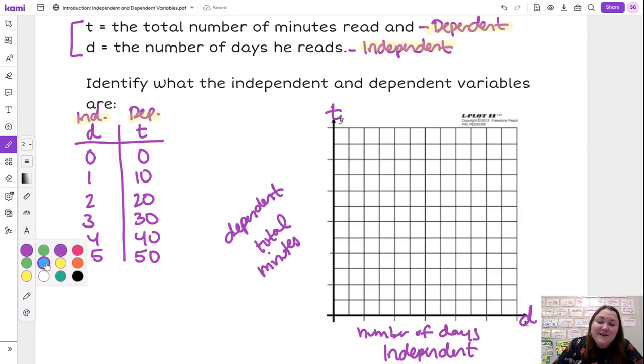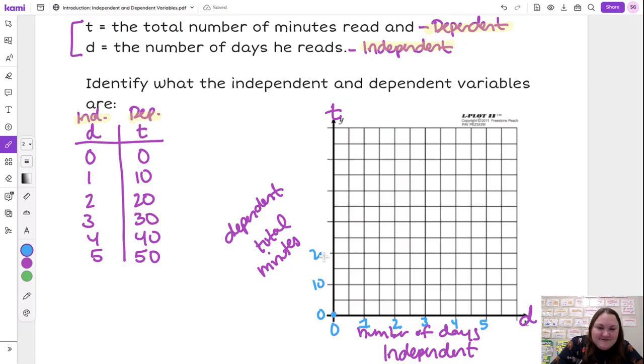So the other thing we're going to be doing a lot in this unit is creating graphs to go with these stories. For example, that first point would be right here, because if he reads for 0 days, that's 0 minutes. But for day 1, I'm going to do every other line, 2, 3, 4, 5. For day 1, we know he's read 10 minutes.